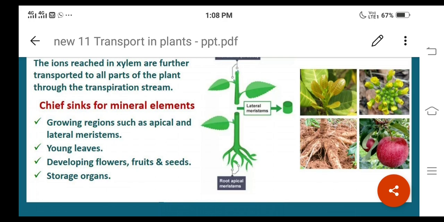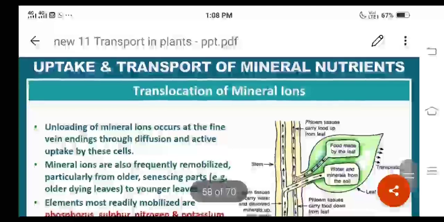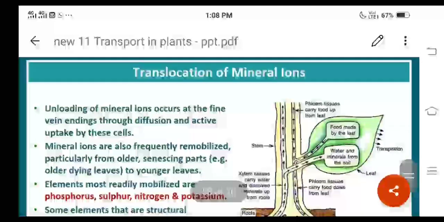In all these regions the mineral elements are utilized, so we consider all these regions as the sinks or chief sinks, right?